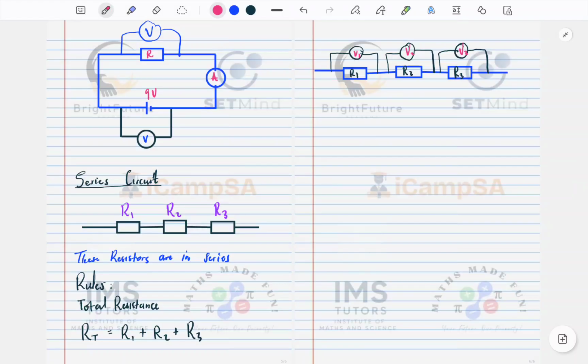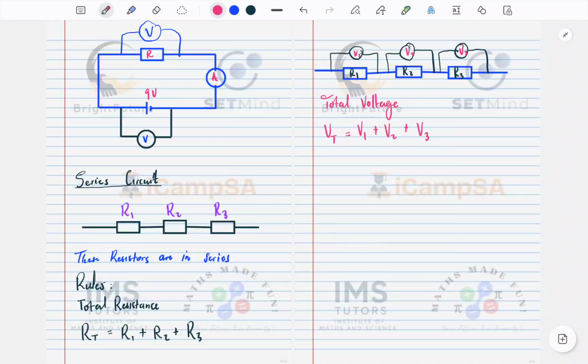So that means if we want total voltage, we would have to say Vt is equal to V1 plus V2 plus V3. Okay, this is for voltage.